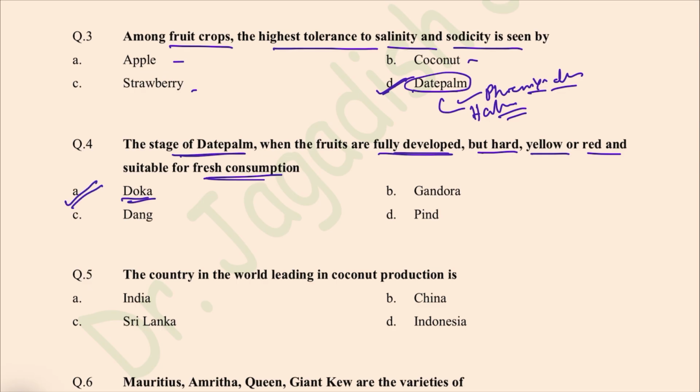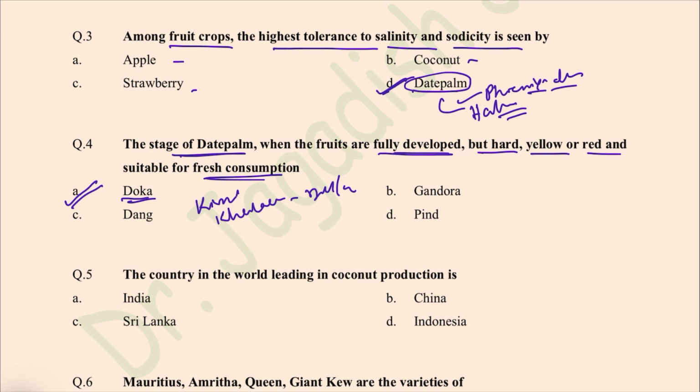Basically, date palm fruit maturation is categorized into different stages based on color, moisture, sugar content, and fineness. The traditional stages are Kimri, Khalal, which is otherwise known as Doka or Gandora, then Rutab and Tamar or Pind.